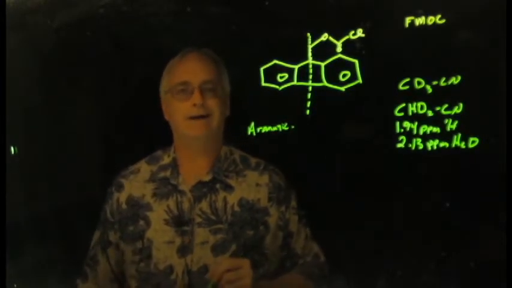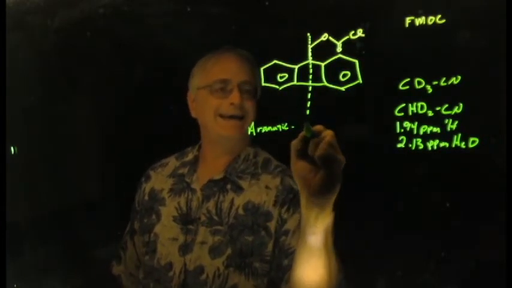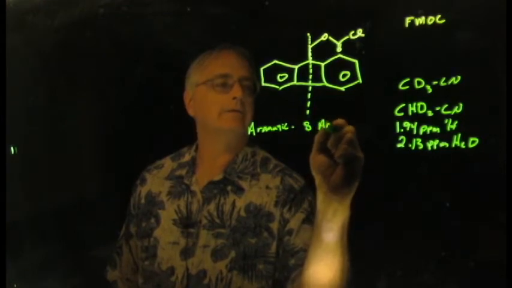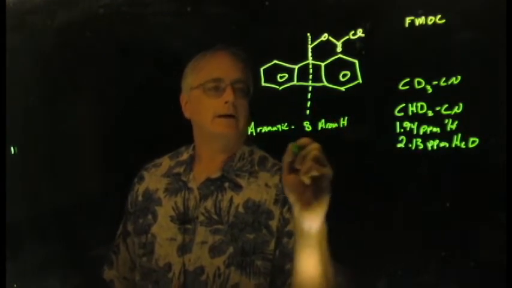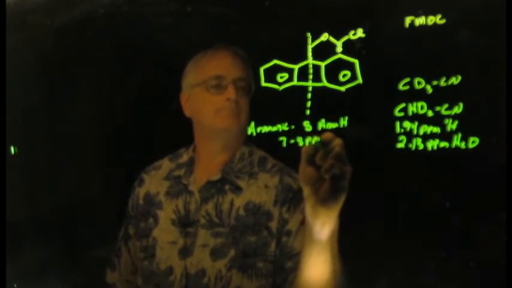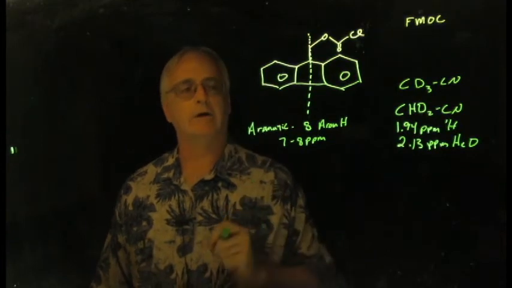And being aromatic, with the symmetry, it's going to have 8 aromatic hydrogens. The chemical shift range, 7 to 8 ppm, can be a little bit lower, a little bit higher, but that's generally a good area to look for.